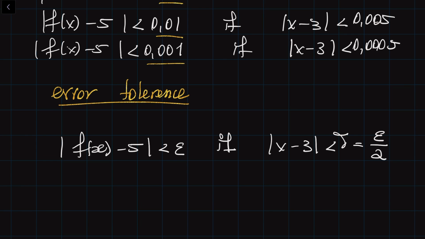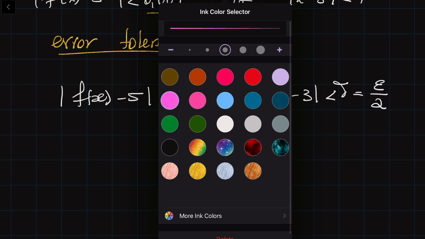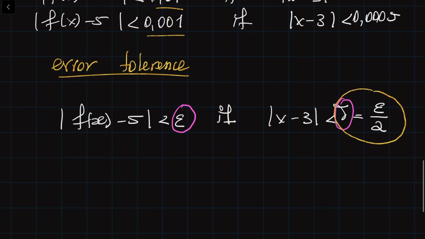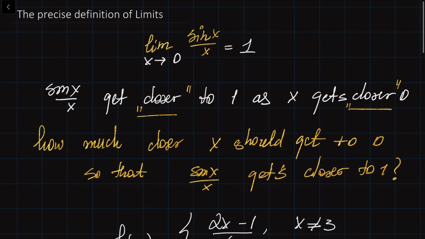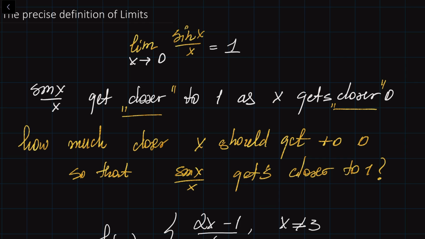Okay, so the main goal here is to write down the dependency of this epsilon and this delta, and we found this relationship. The relationship between these two distances is epsilon over 2. So let's go back to our first definition of the limits. Do you remember here that sine of x over x gets closer to 1 as x gets closer to 0, right?